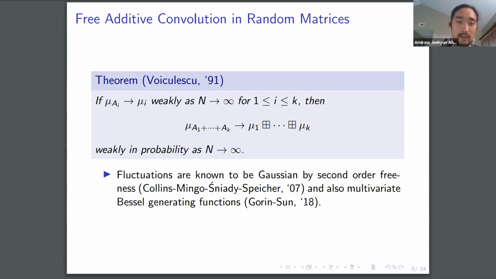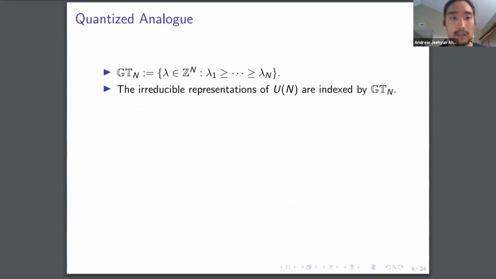Okay, so this is the first bit of the story that I wanted to say, and this is the random matrix side of the story. I will transition now to the quantized analog of all of this. Here, instead of matrices, we'll be looking at representations of the unitary group of degree n, U(n), the space of unitary matrices that are n by n.